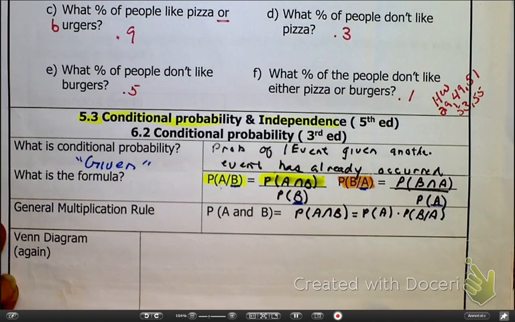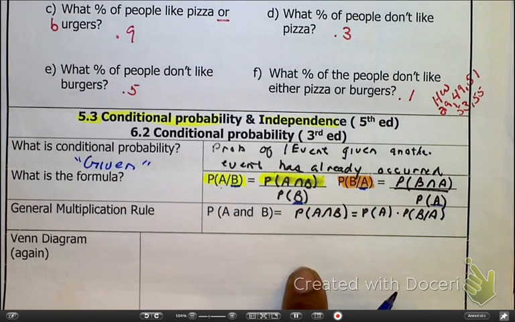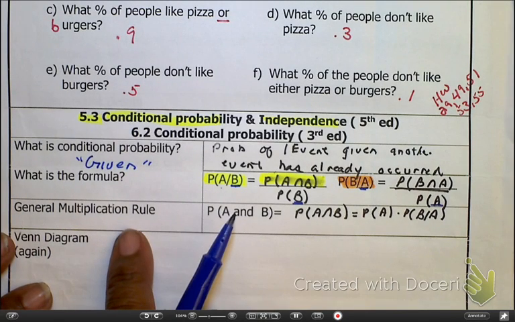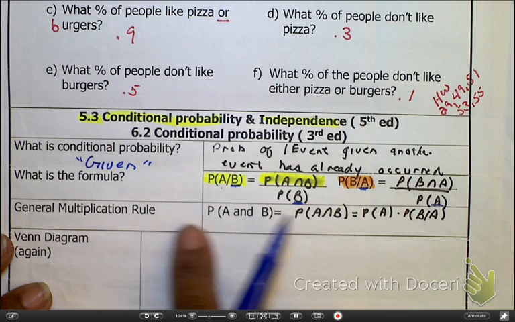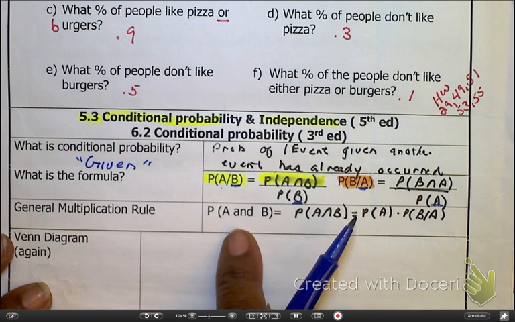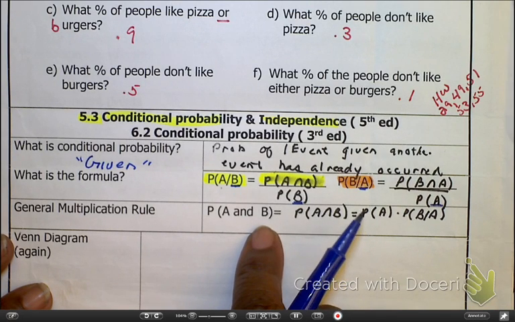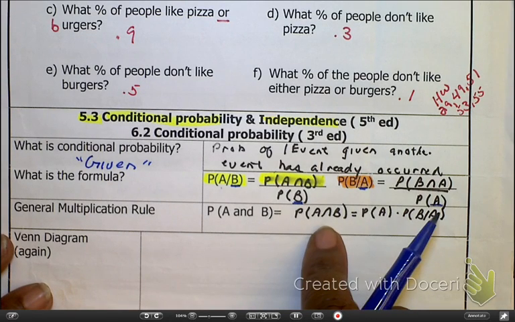The last formula I want to discuss with you here is the general multiplication rule, in which I've got the probability of A and B happening at the same time. But what does that mean? That means here is the probability of A happening.